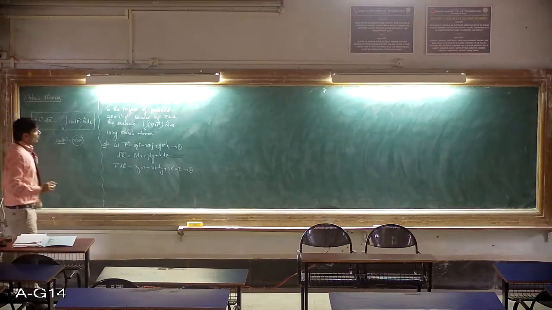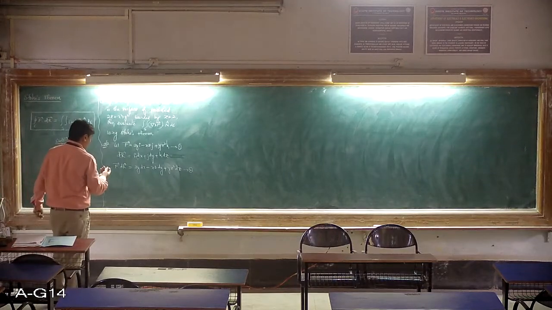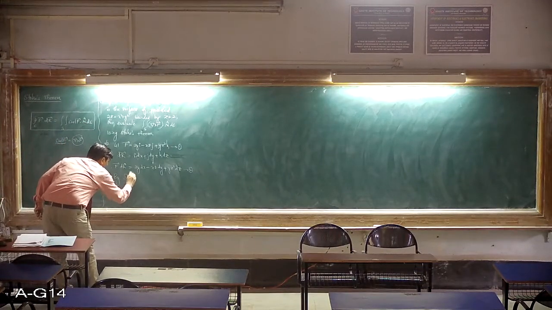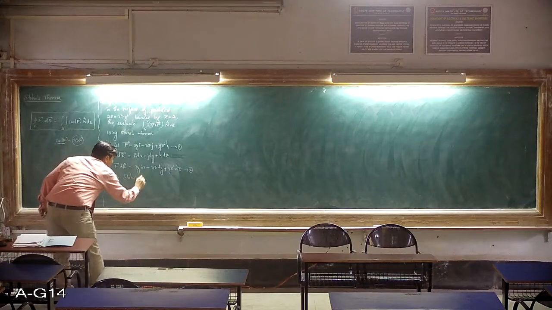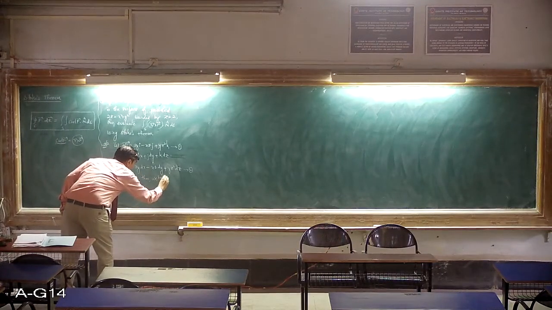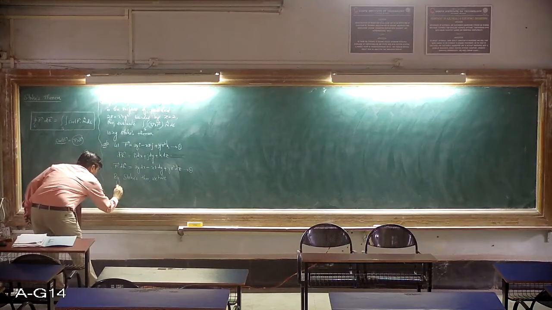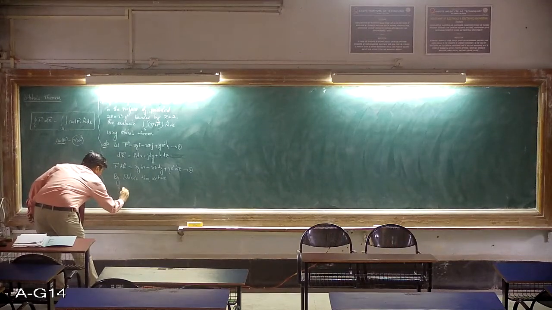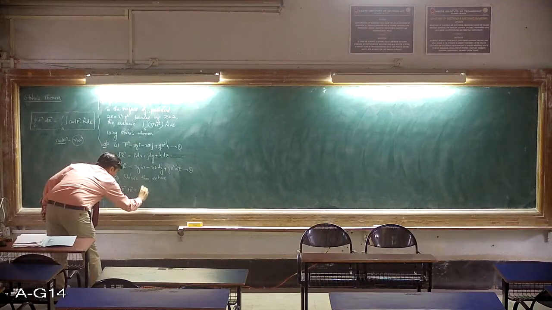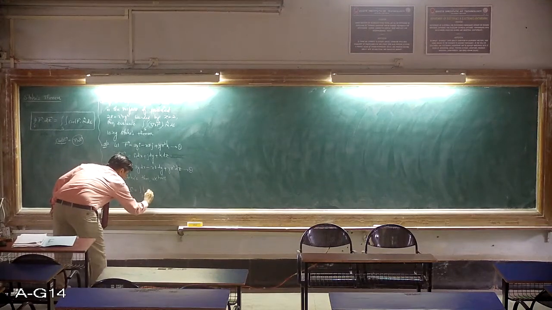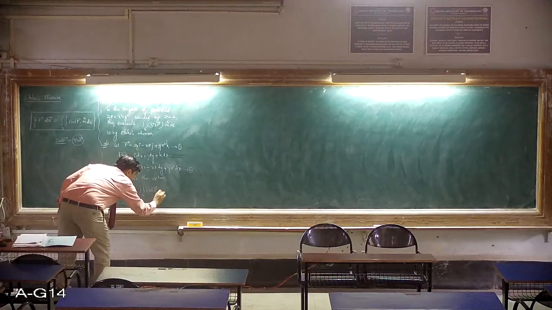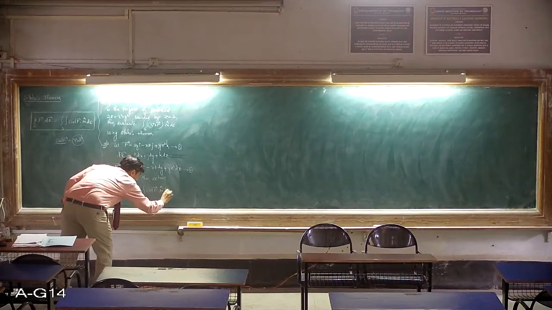So therefore here first I'll write by Stokes theorem. By Stokes theorem we have the integration over a closed curve C of F dot dr is equal to the double integration over a surface S of curl F dot n cap into dS.